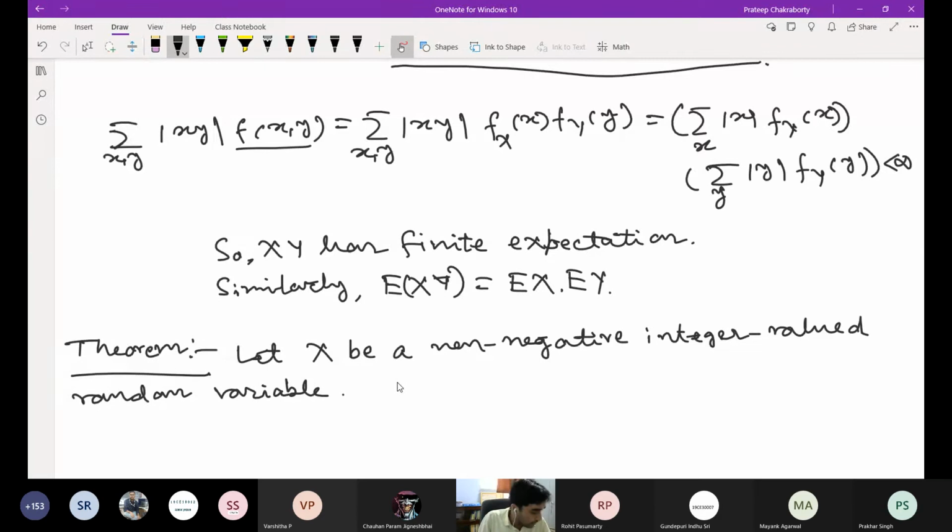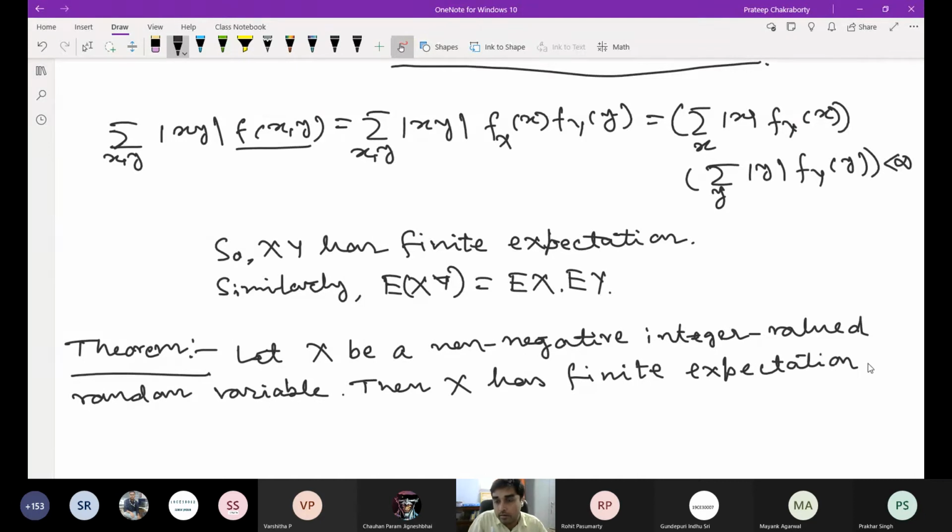Then X has finite expectation if and only if summation x is equal to 1 to infinity of P of X greater equal to x is finite, that is, this series converges.